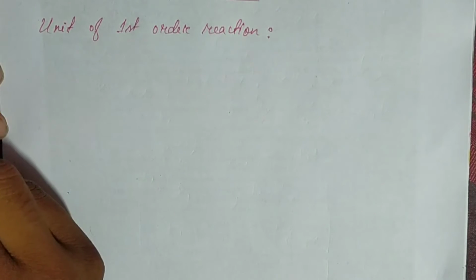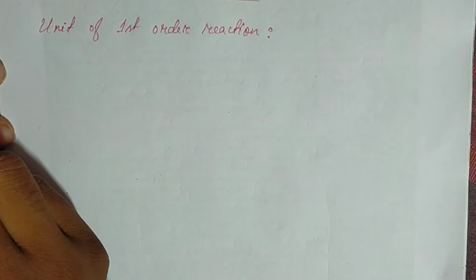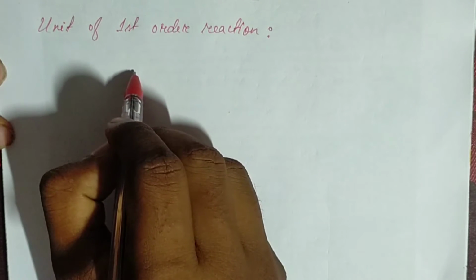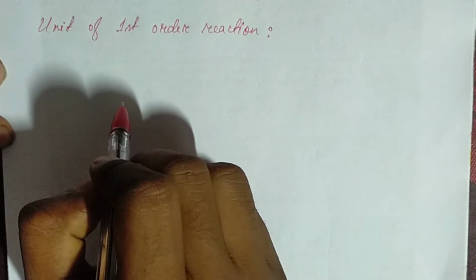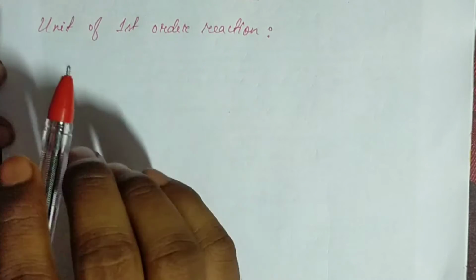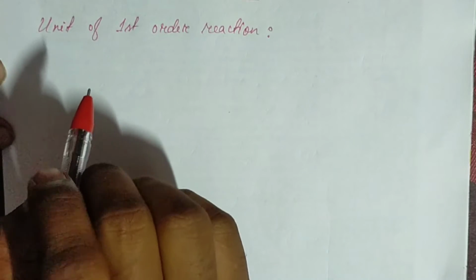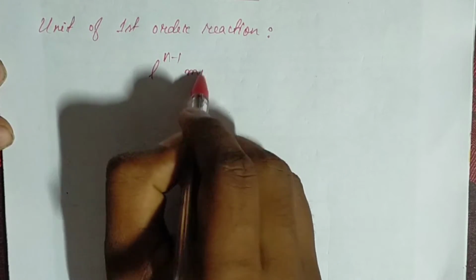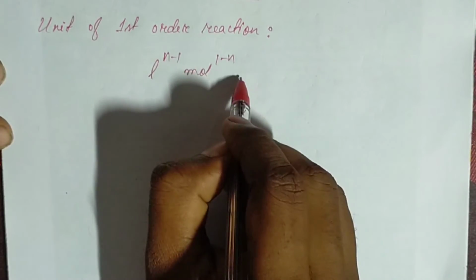If you want to discuss the unit of first order reaction, as I have already discussed in the earlier video, to know the unit of any order of reaction, the general equation is liter^(n-1) mole^(1-n) second inverse.